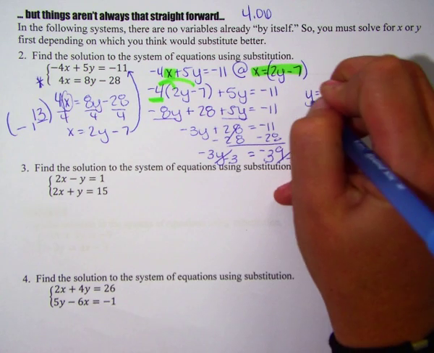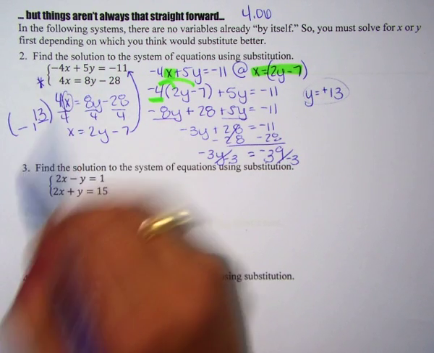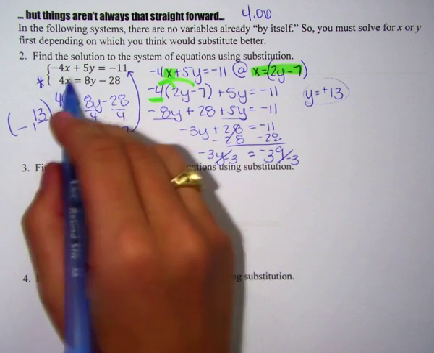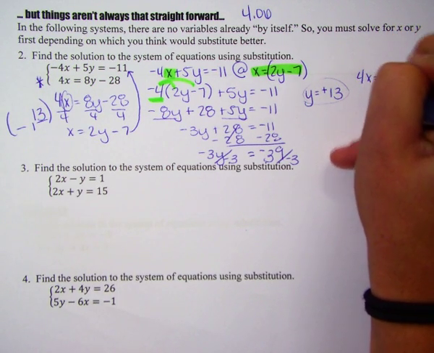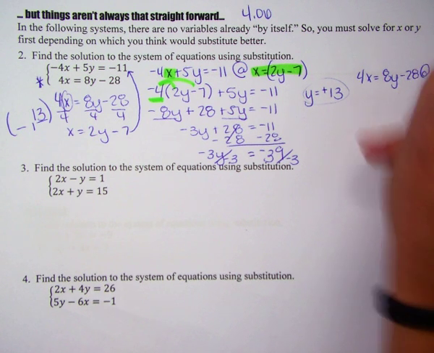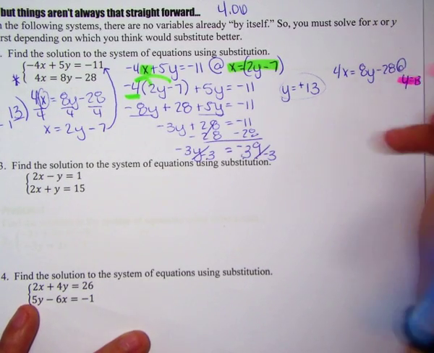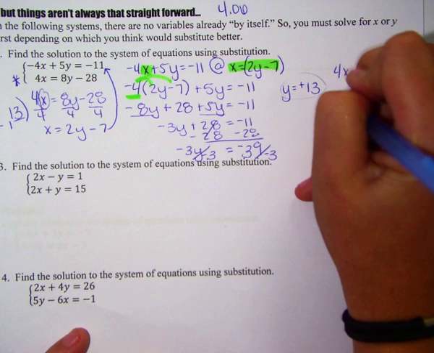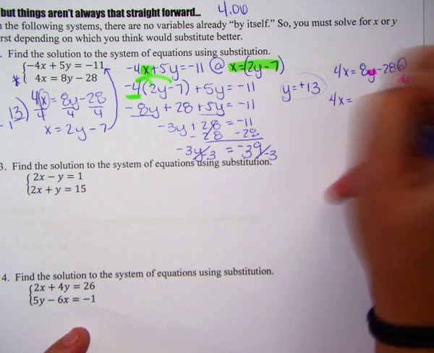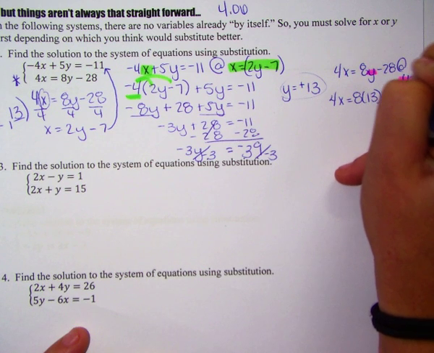Now I'm going to take y equals 13 and substitute it into one of the two equations. I'm going to choose the second equation: 4x equals 8y minus 28 at y equals 13. So I'm going to substitute 13 in for y. This becomes 4x equals 8 times 13 minus 28.